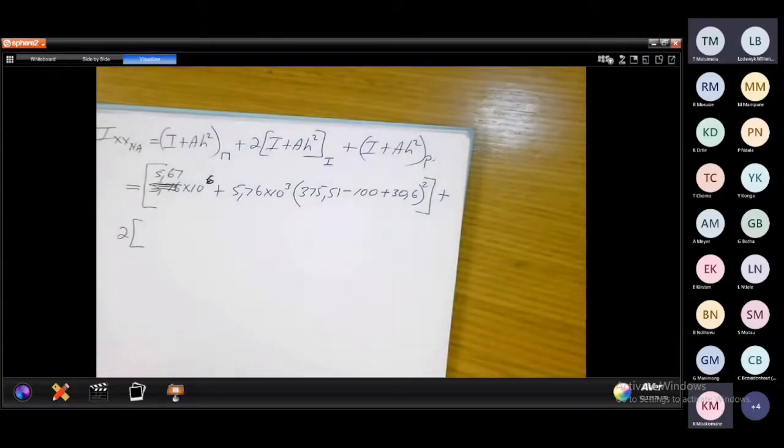Anybody who can tell me what is my I? Two, 7, 4, times 10 to the 6. Is it not? Nope. Okay, that is not right.